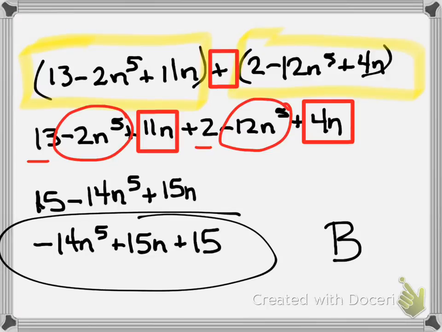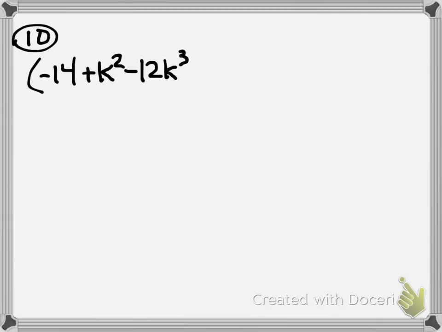Now, when you switch that operation in the middle to subtraction, it's a little different. So we have, let's look at number 10. Negative 14 plus k squared minus 12k cubed minus this quantity.